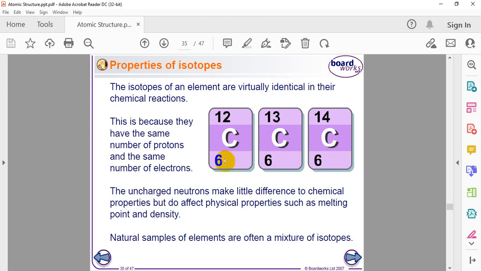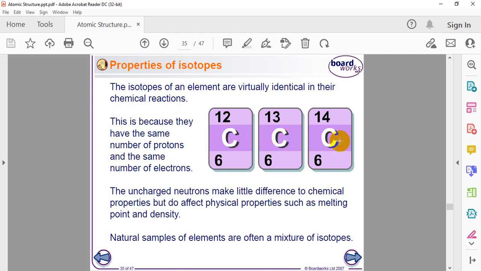So isotopes only differ in their physical properties, that is weight, melting temperature, their flow properties, how they flow when you pour it, when it melts, viscosity and the rest, because the neutron is affected physically but not chemically.